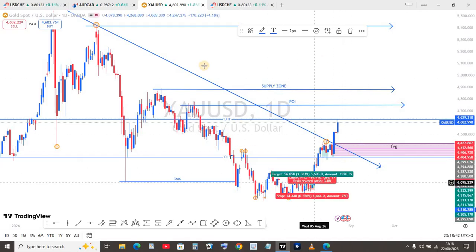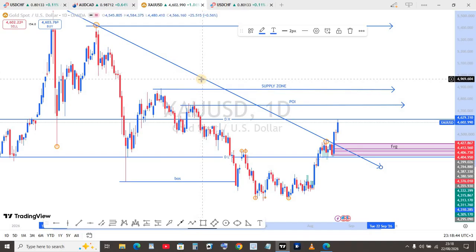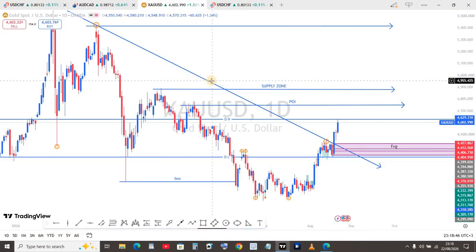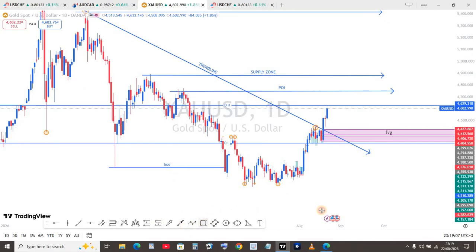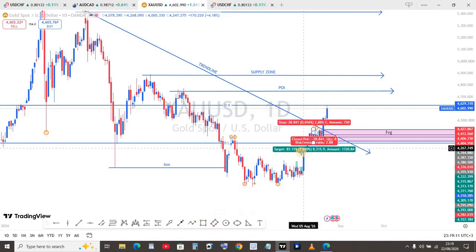So after marking that, you can see this is a trend line. So we have a trend line, and we have a daily high, we have a daily low, and on the left downside here we had a break of structure, but this market didn't go far. It was just consolidating, and after consolidating we had our FVG here, which has not been retested.